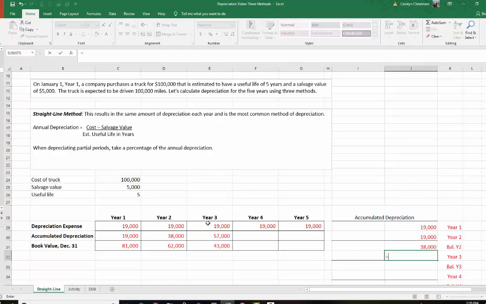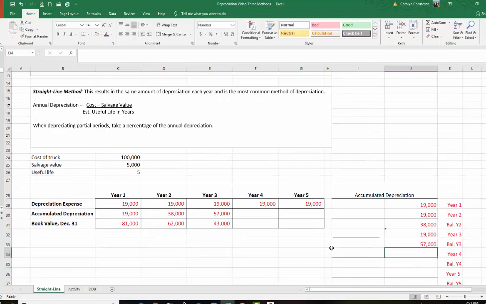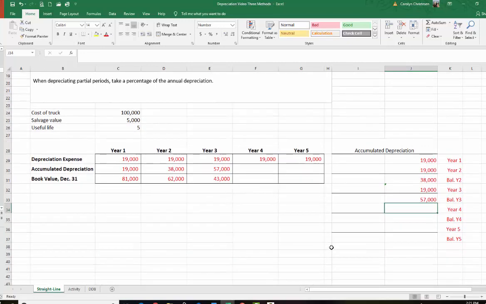Remember over here, let's put in our depreciation for this year, and we can see that our accumulated depreciation is now $57,000. And our book value, the amount shown on our balance sheet, the cost minus the accumulated depreciation, again went down by $19,000.